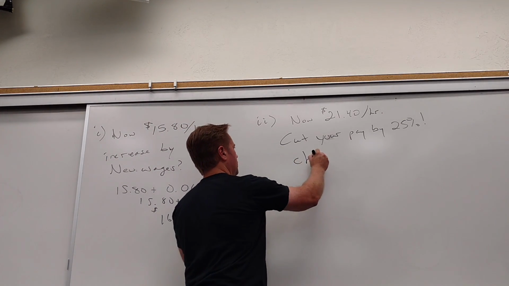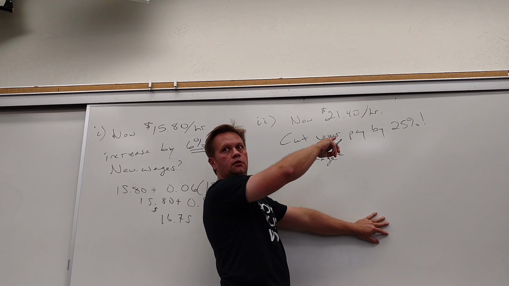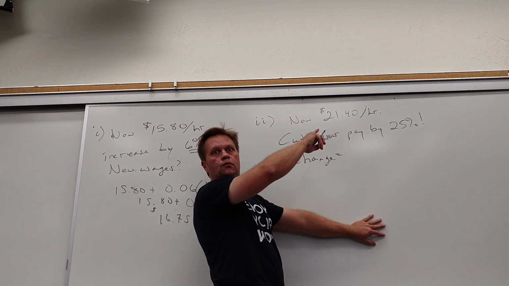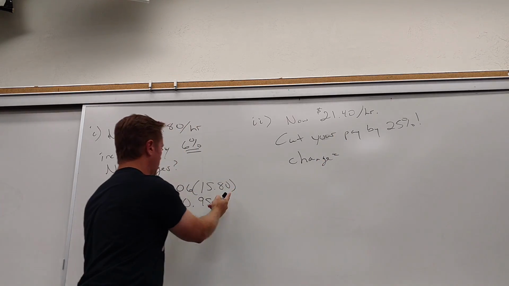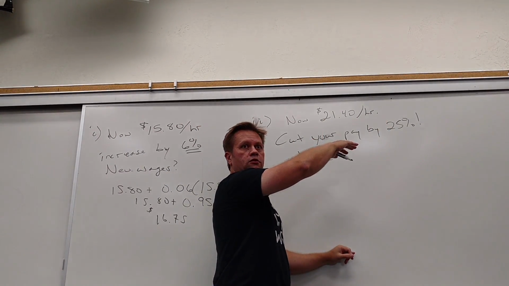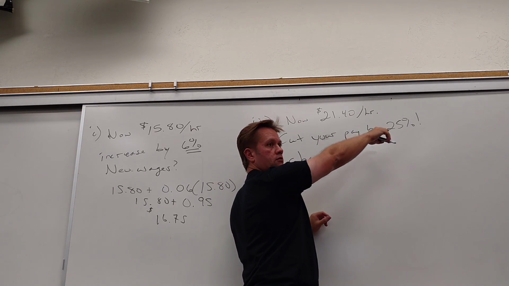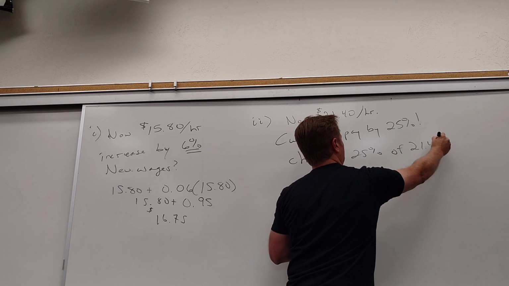So let me focus on this. How much will it change by? How do you figure out how much it's going to change by? You will subtract eventually, but just the change by itself. You would take what of what? 25% of 2140.